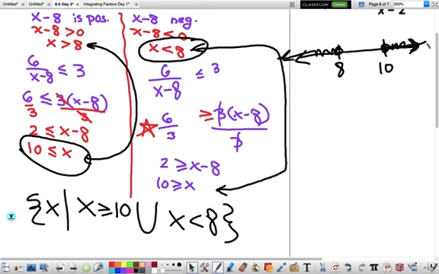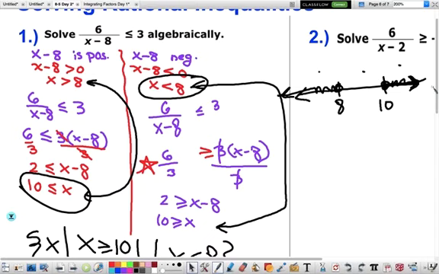So if I want to check my work, I should check a point here, a point here, and a point here. If I check a point over here, do you think this should be true? Yeah. Should be true here. Should be what here? False. False here. That's a good way to check your work.